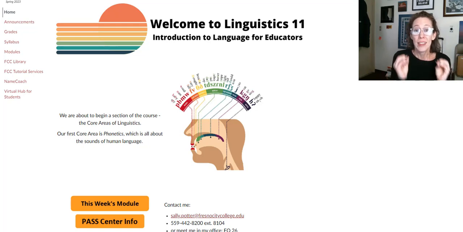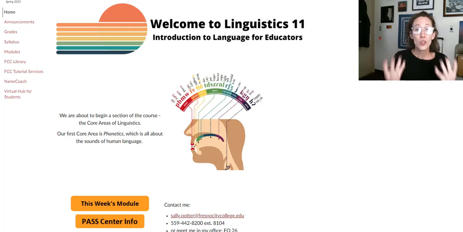These are the very specific areas of language: the sounds of language, the pieces of meaning inside of words, the words of language, the sentences and the phrases that make up sentences, and then also the meaning behind the meaning of sentences.